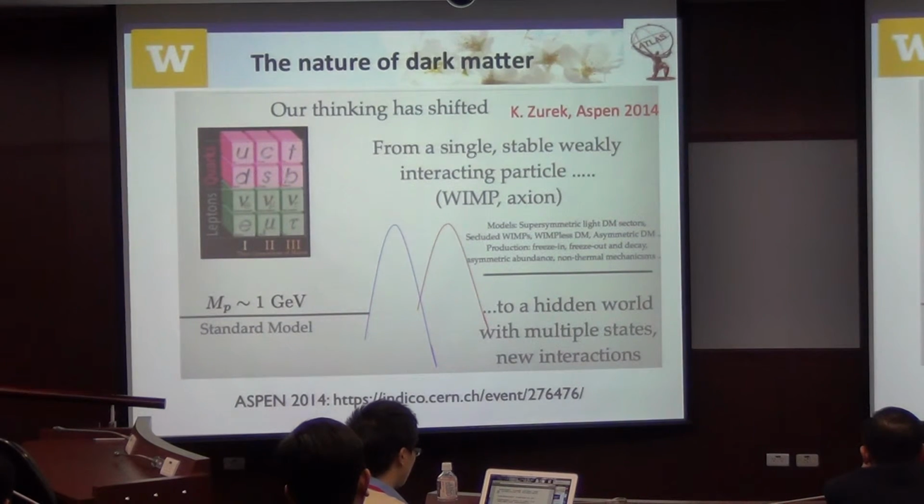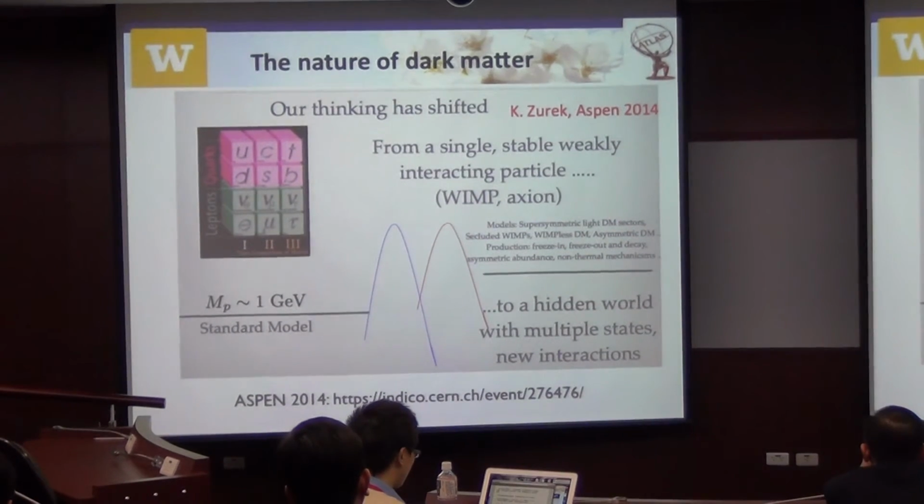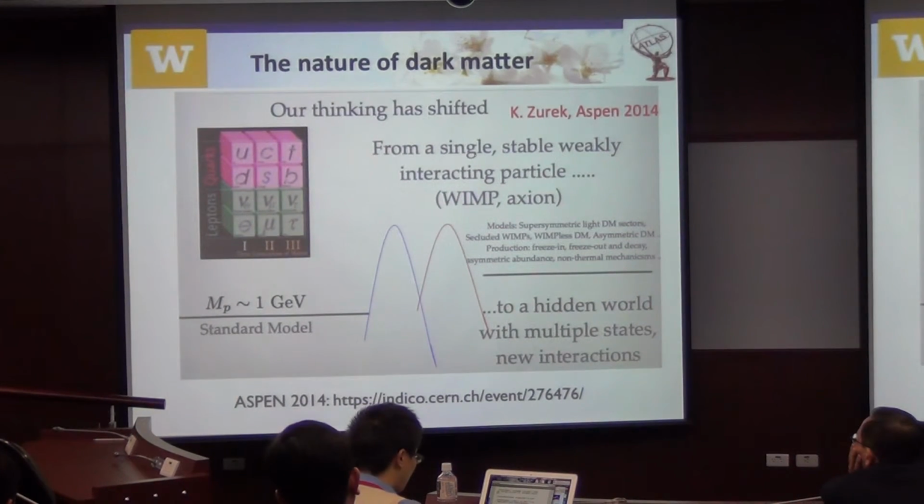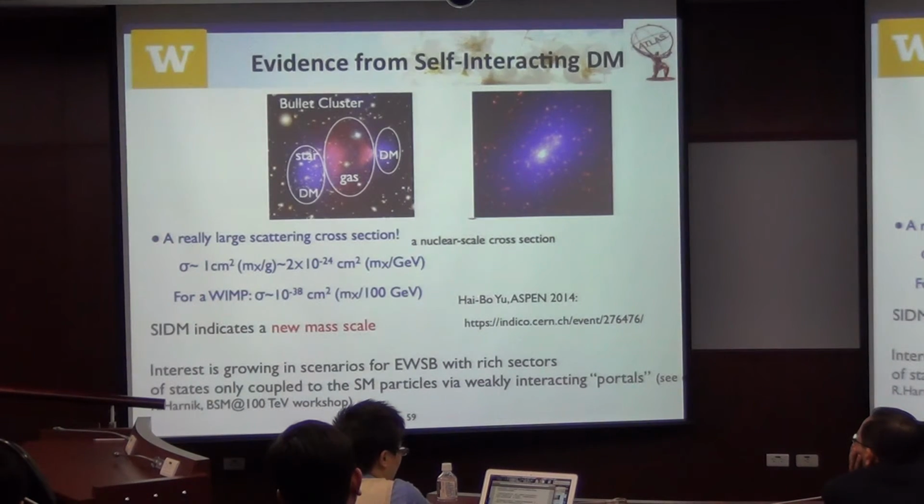The direction to go might be that there's a hidden world with multiple states. That's why you have so many different gamma lines. More results could come, as you can see at Aspen just early this year, there were several discussions there. So this development, this thinking, is coming from the observation of the universe.